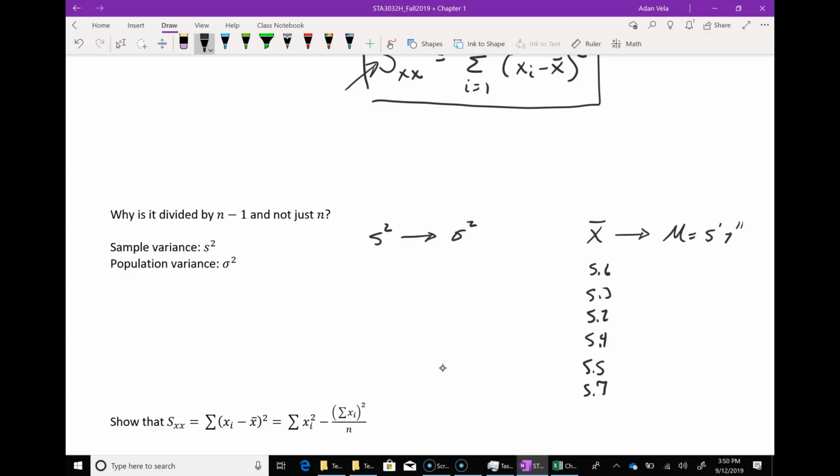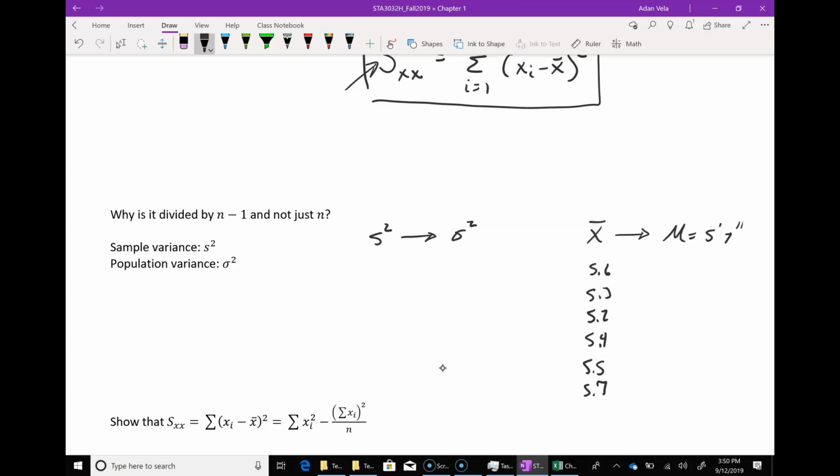Would you be concerned with those values? Yeah. What's weird about them? They all trend low. They're biased, right? So maybe the way I'm sampling is actually biasing my data.